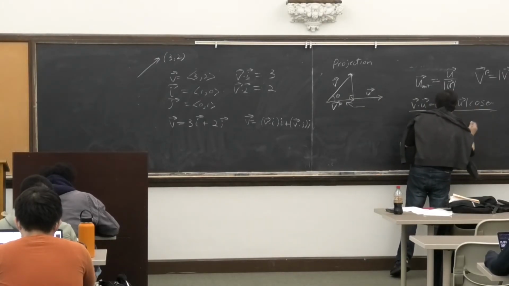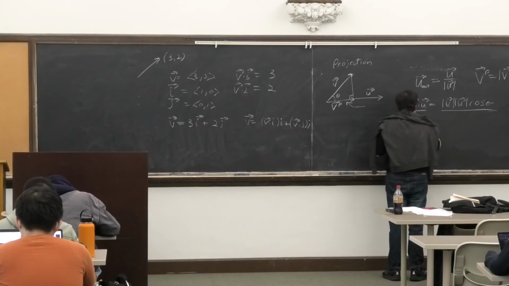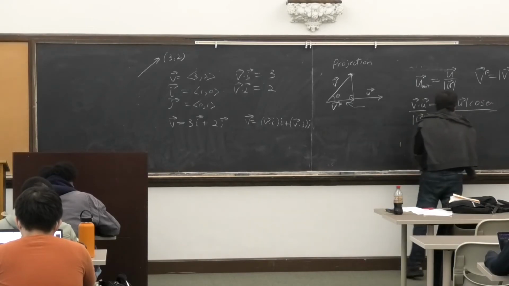I'm going to divide both sides by the norm of u squared.